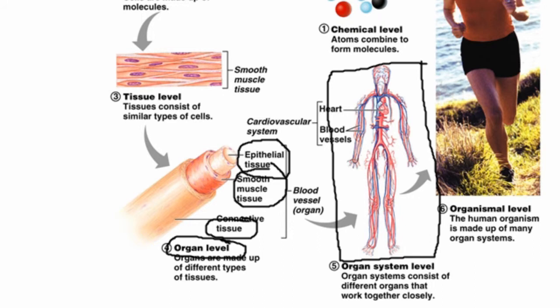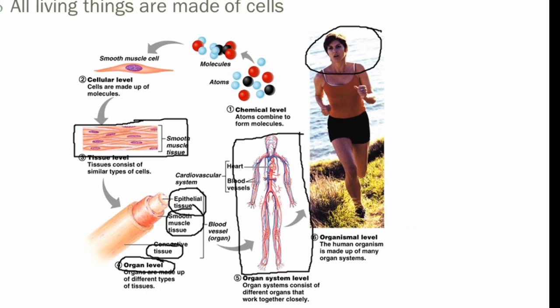Each one of those tissues is made up of lots of different cells, and all those cells are going to be doing the same type of job. So in the smooth muscle tissue, all of those smooth muscle cells are doing the same basic type of job.